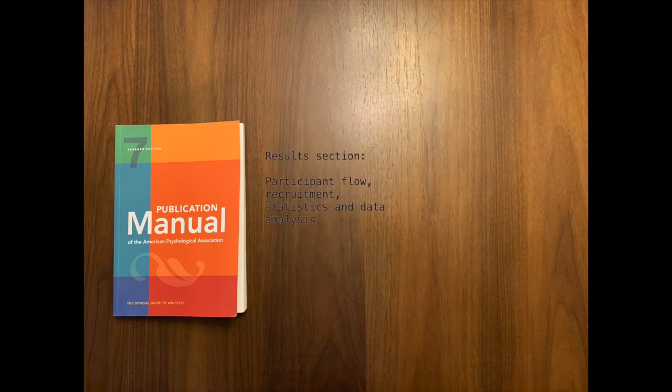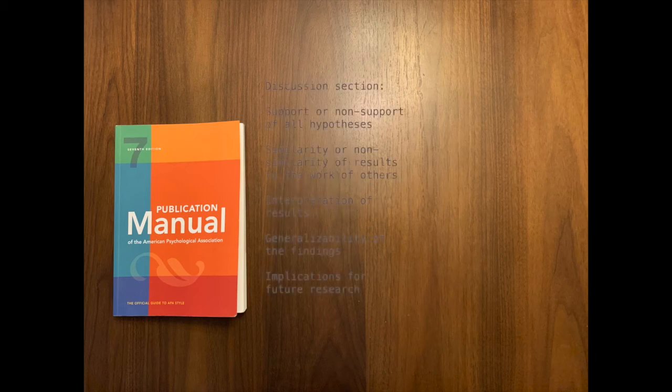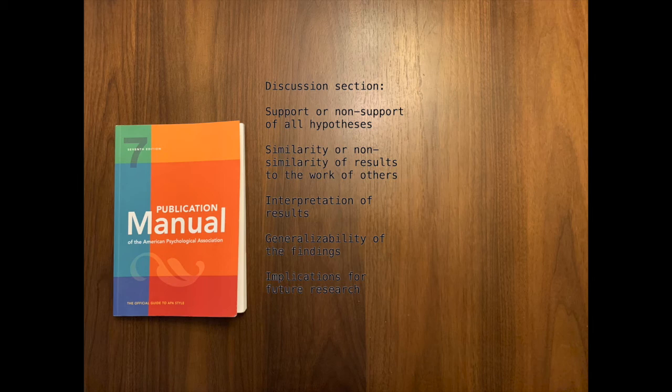A quantitative results section should include discussion of participant flow, recruitment, and statistical and data analysis with accurate reporting of software used, as well as discussion about missing data if applicable. The discussion section of a quantitative paper should include support of the original hypothesis, similarity of results or differences reported by others, interpretation of the results, generalizability of the findings, and implications for future research.